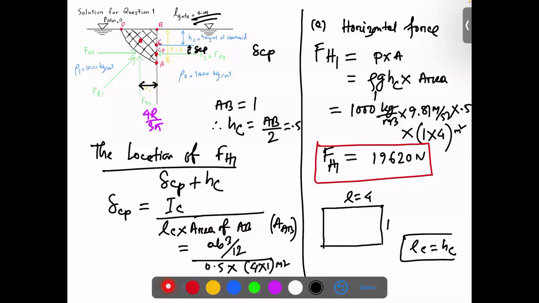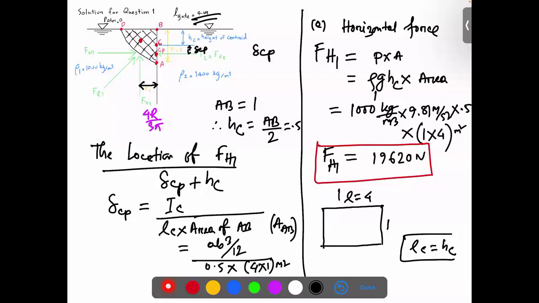So if you see, it is actually AB cubed over 12. For this rectangle, we know the formula from the lecture slide.